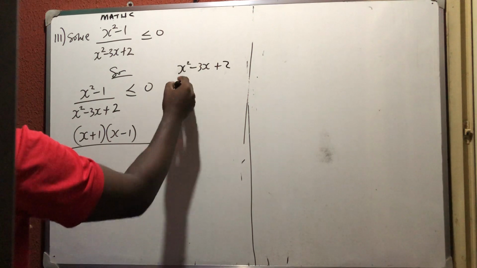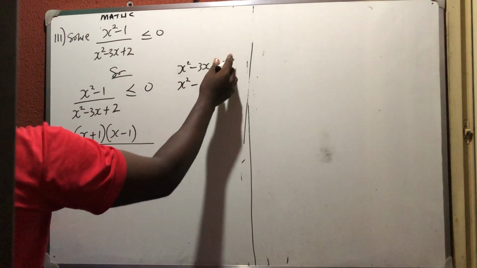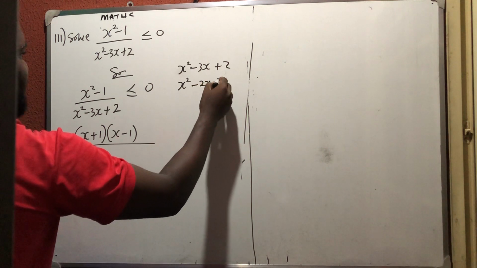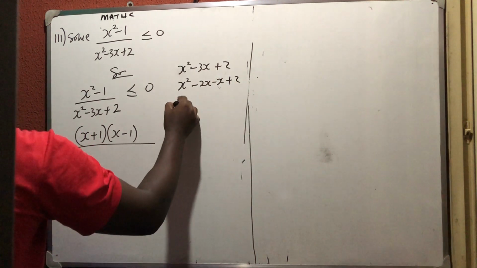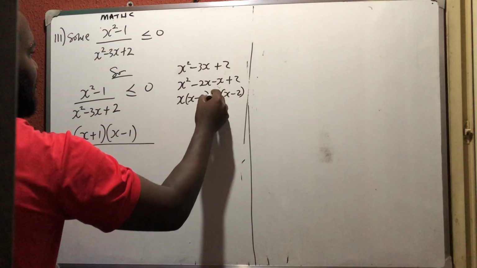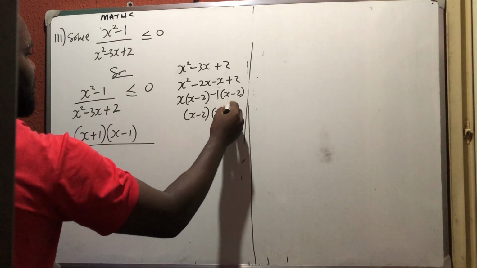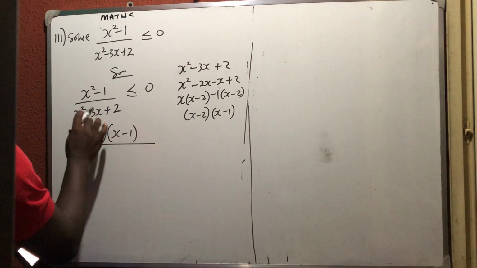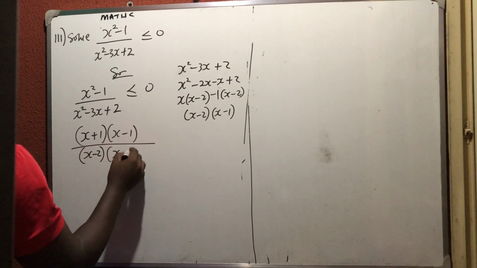Is it factorizable? Yes. This is x² − 2x − x + 2. So I'm having x(x − 2) − 1(x − 2), so I'm having (x − 2)(x − 1). If you factorize this, you are going to have (x − 2)(x − 1).